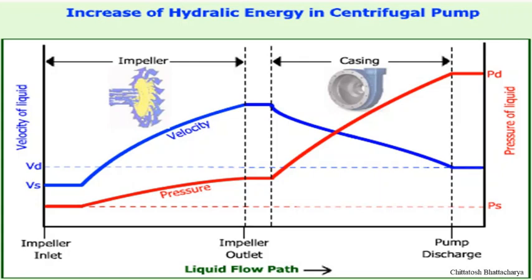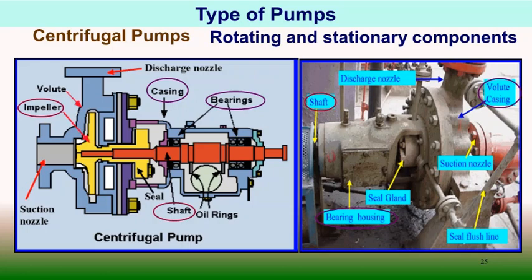Velocity actually decreases when the movement of fluid takes place across the impeller to casing, and pressure head increases when the movement of fluid takes place from impeller to casing due to the impact of the vanes. In centrifugal pumps, impeller and shaft are key fitted, therefore they are rotating together, and the volute casing and bearings are supporting this shaft, and the impeller is within the volute casing.